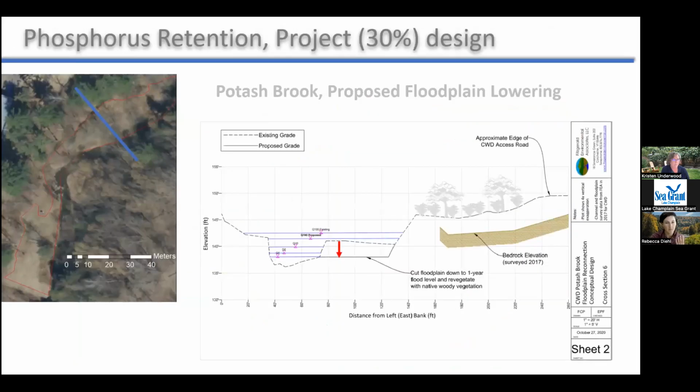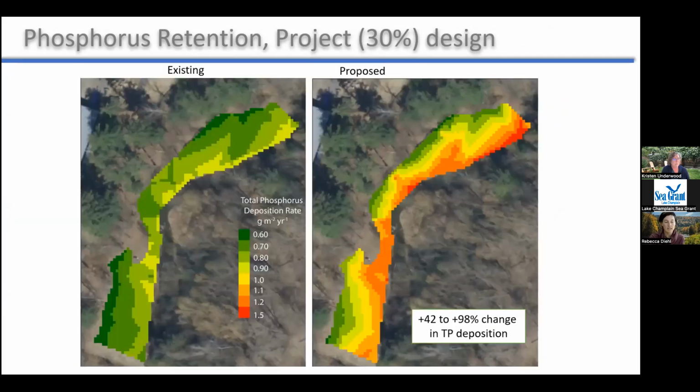So to provide an example, here is a proposed floodplain lowering project at Potash Brook, where you can see in the design an example lowered floodplain along the right bank. Using the spatial information we're developing with our phosphorus data set, we can vet how a given proposed design may change and improve phosphorus deposition at a site. This is another piece we're working on, to come up with a protocol for improving the project design and implementation phase.